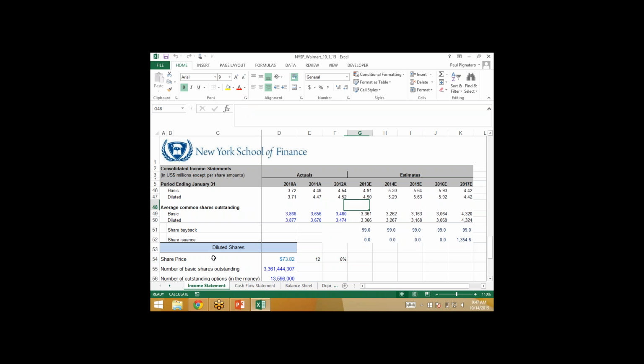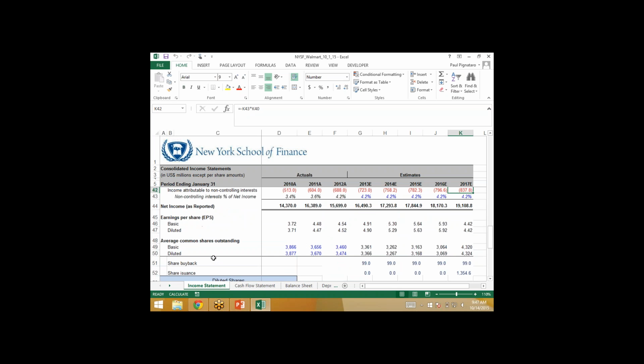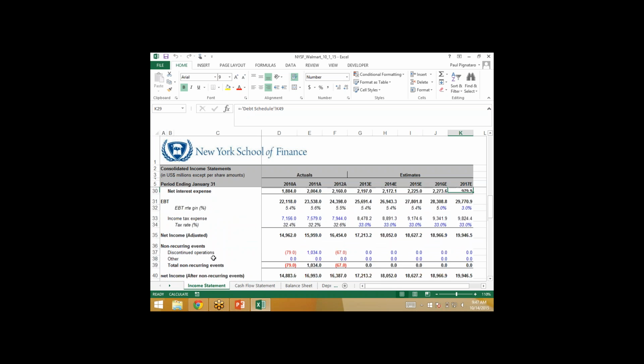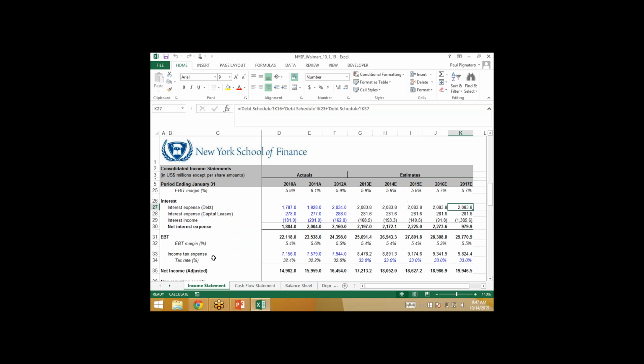So the first thing we said was, let's assume we're going to do it in 2017, far out. What is the impact of raising $15 billion in debt? Well, we said, first you want to see what will change when raising debt. What will change is interest will go up. Of course, there's an impact to net income.